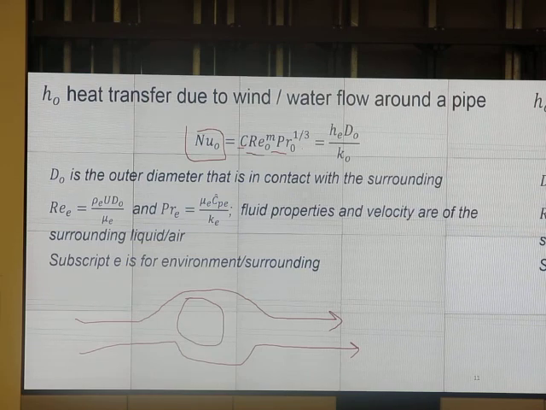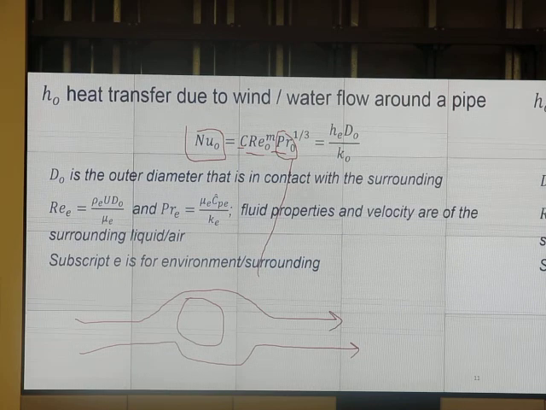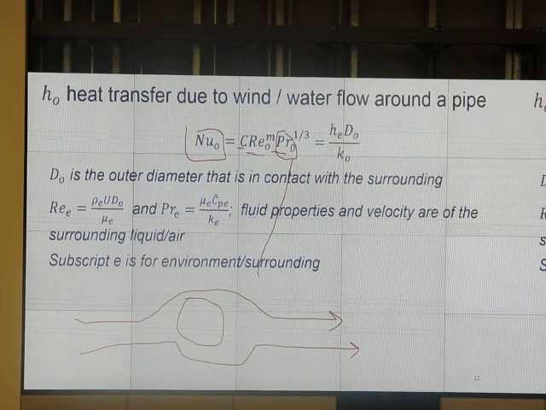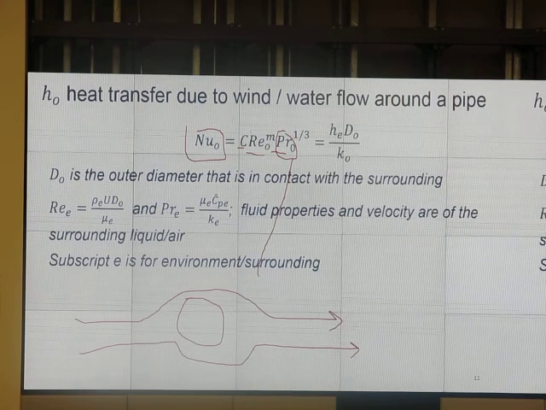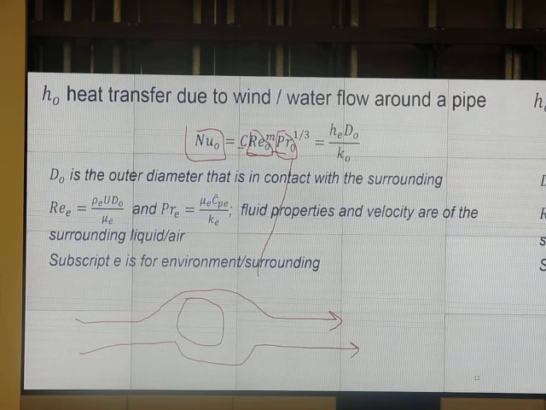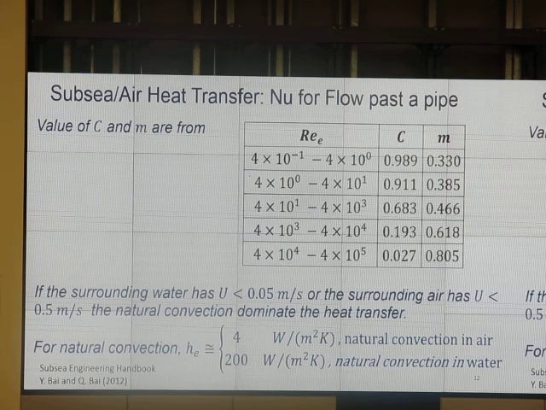This time it's another formula, but the Prandtl number over there is the Prandtl number of the fluid that flows around the pipe. If that fluid is air, that is the Prandtl number of air. If that fluid is water, that is the Prandtl number of water. Reynolds number is the Reynolds number of the fluid that flows around the pipe. It's not the Reynolds number of oil, okay? And that C is a constant from the table.